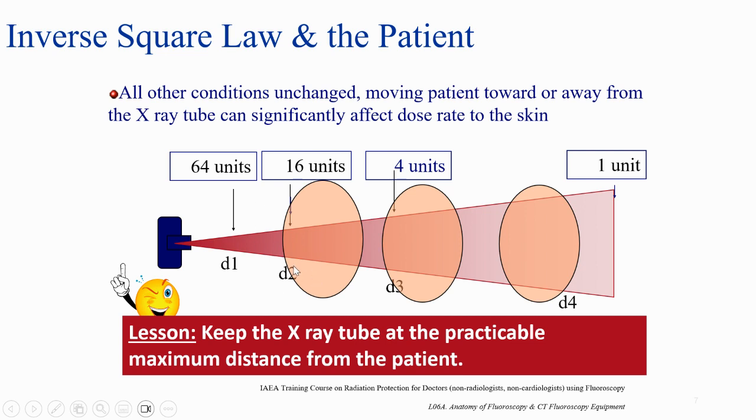But if you double the distance, the radiation dose is 16 units. At triple distance, 4 units, and so on. So if all other conditions are unchanged, moving the patient toward or away from the X-ray tube can significantly affect the dose rate to the skin. So our lesson today is to keep the X-ray tube at the practicable maximum distance from the patient.